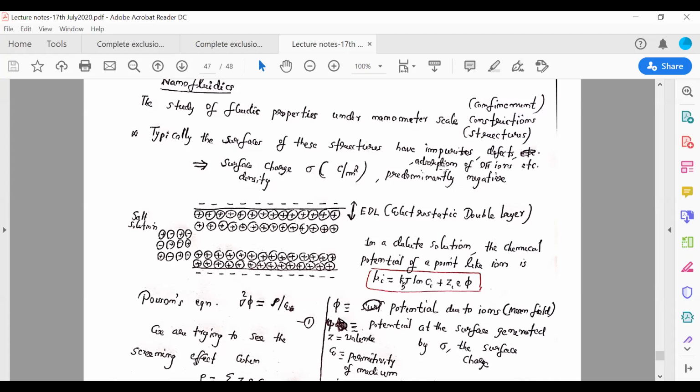Naturally, in many systems, they are negatively charged mainly because of OH minus adsorption. That is the main contributor of negative charge. In other cases, we have impurities, defects, etc. There you can control it, but mostly it is about negative charge.